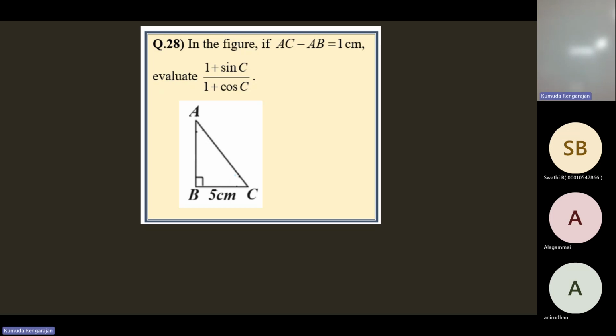Opposite by hypotenuse, 12 by 30. Very fine. Very, very good.